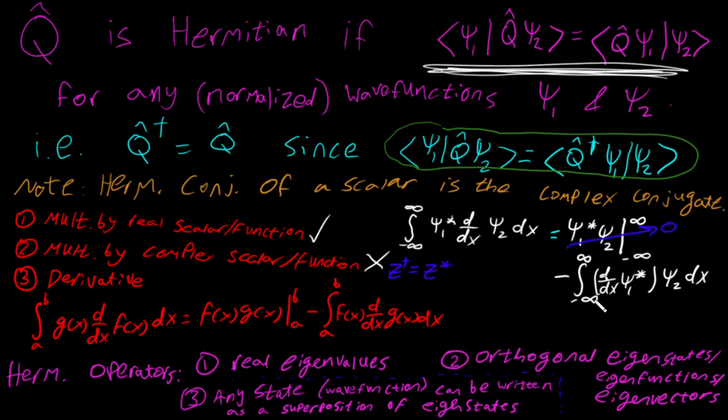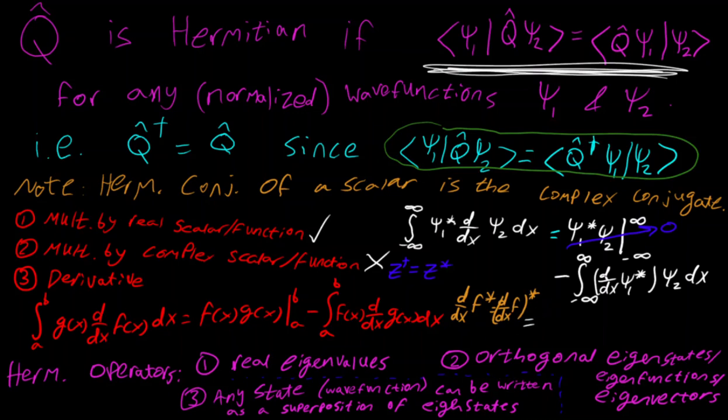So now all we are left with is this integral. And in fact, you can take this derivative inside of the complex conjugate, because it is true, and I'll write this just on the side here, that the derivative of f star is equal to the derivative of f, all of that, star.